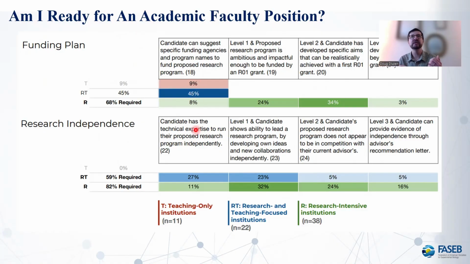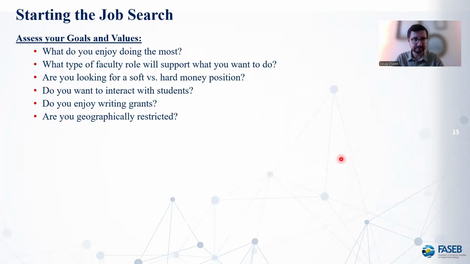But it is a way of understanding where you are at and where you might need to build up either expertise or skill sets or articulation of your skill sets to be able to really align with the expectations from search committees.